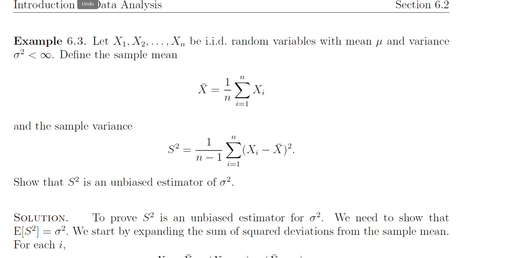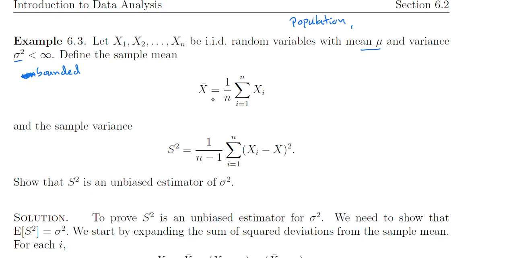Let's say we are getting n independent samples from identically distributed random variables, and let's say that the population we are drawing these data from has a mean mu and the variance sigma squared, with mu unbounded. Sigma squared less than infinity means it's bounded. That means sigma squared is some value. It can't be infinity.